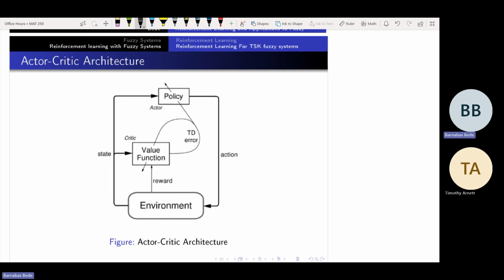Actor-critic architectures look for the best policy directly, not necessarily the best value or best Q. They try to get the best policy, which means I'm going to have an actor which acts according to a given policy. The critic evaluates the value function for that given policy, and basically then we can calculate the TD error, temporal difference error, between next policy minus previous policy.